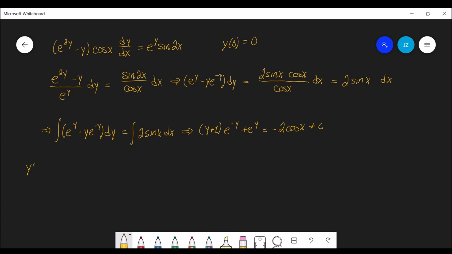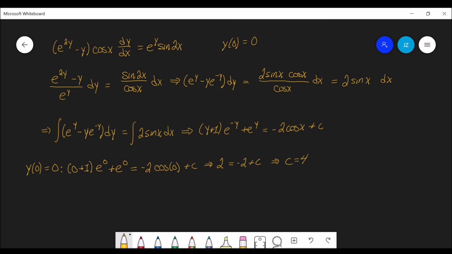If we now apply our initial condition, which says whenever x is 0, y is 0, we'll get (0 plus 1) times e to the 0 plus e to the 0 is equal to negative 2 cosine of 0 plus our constant. Since e to the 0 is 1, the left-hand side is 2. Cosine of 0 is 1, so the right-hand side becomes negative 2 plus c. So this would mean that c is equal to 4.